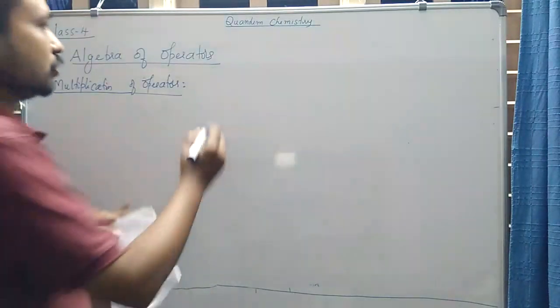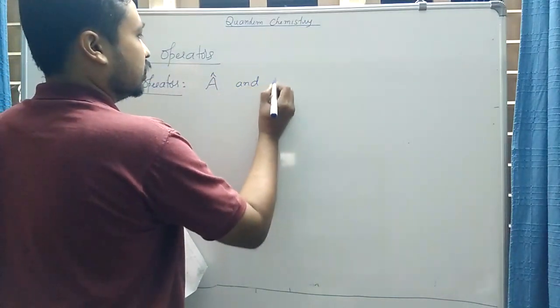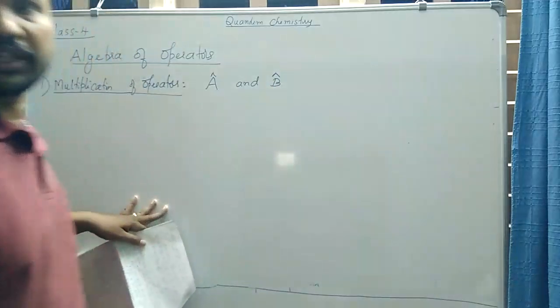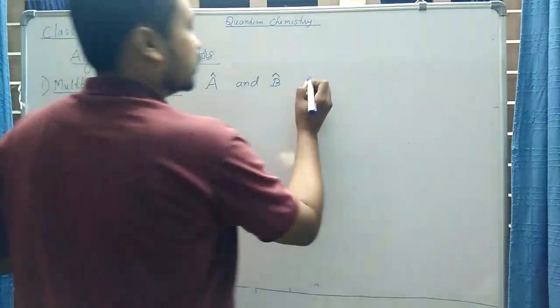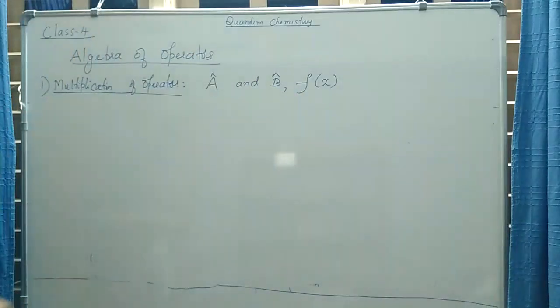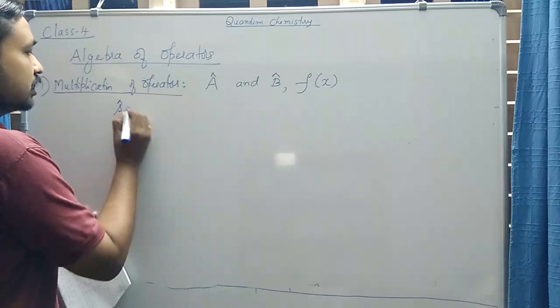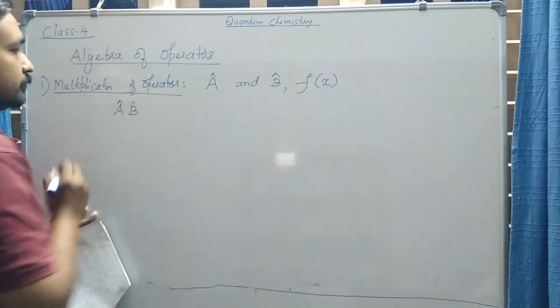If we have two different types of operators, operator A and operator B, applied on a function f of x, which is an operand, then what do we mean by operator A into operator B?